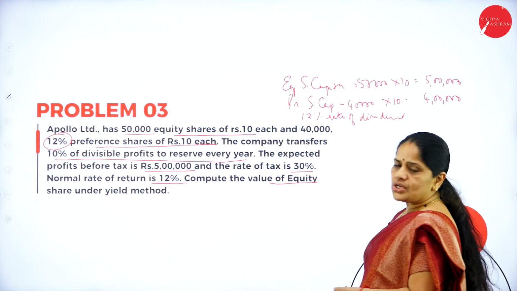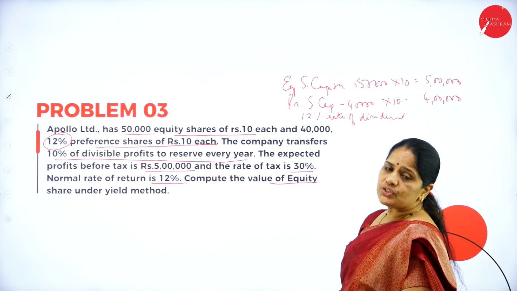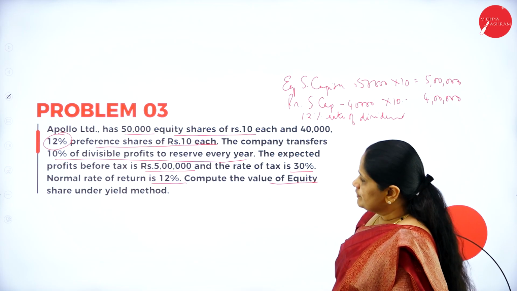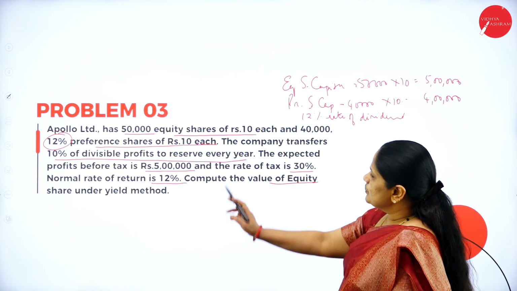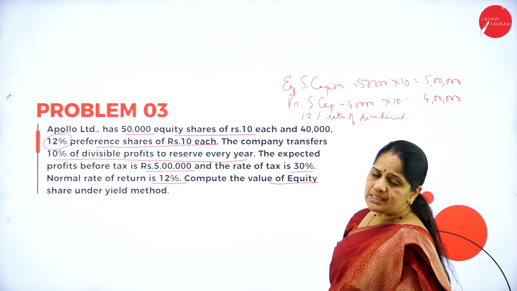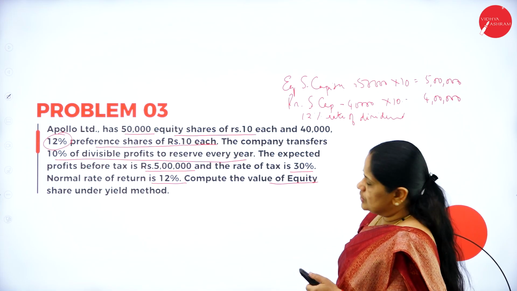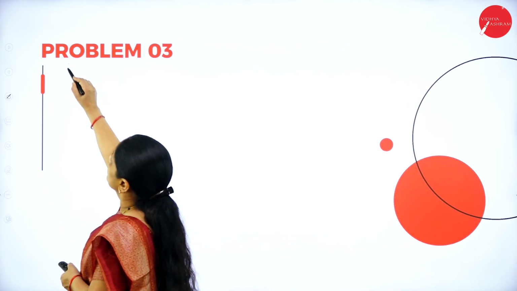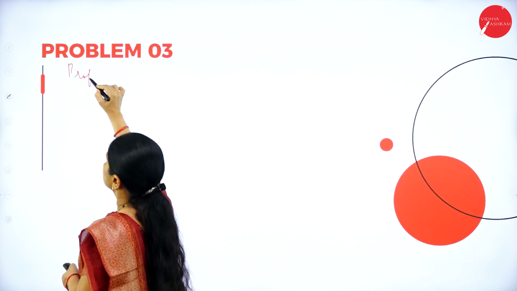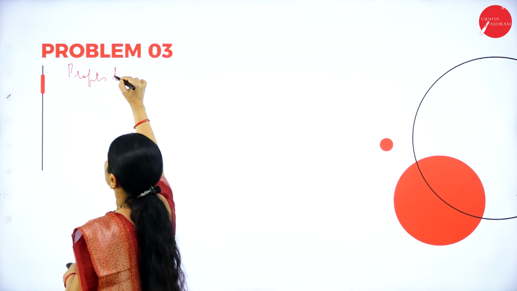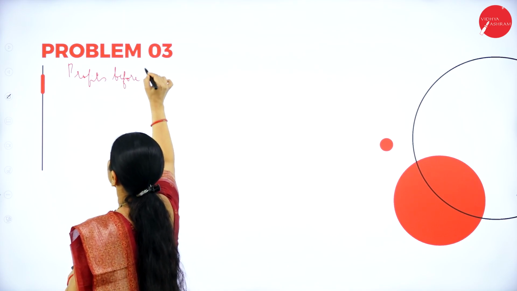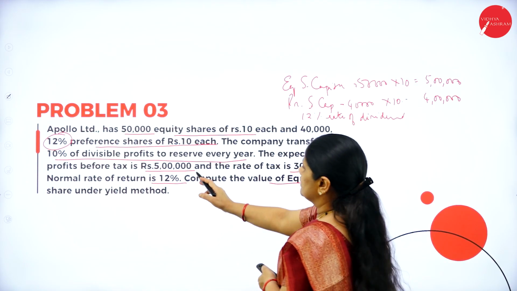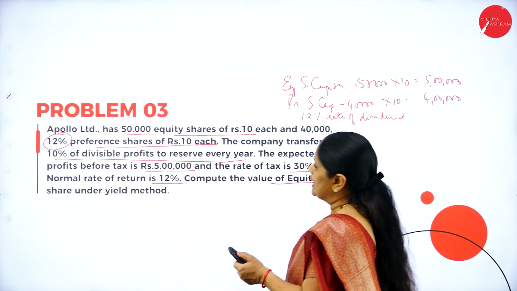Now, based on this data, we have to calculate the value of shares. Now, the first thing is we have to take the profits. What is the profits available? So, in the solution, we write profits before tax. Now, what is the profits before tax given? Profit before tax is 5 lakhs.